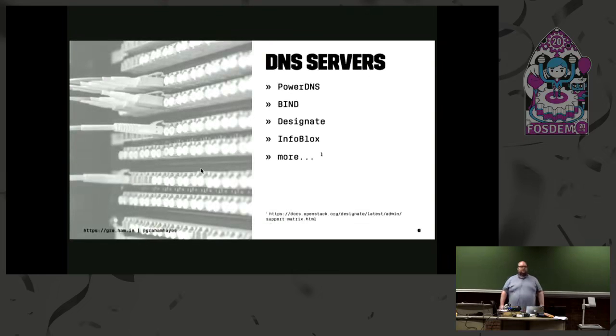The two main servers we really support are PowerDNS and BIND. Every single commit gets tested against those two. We do support Infoblox, which is tested semi-regularly. We also support Designate as a Designate server.